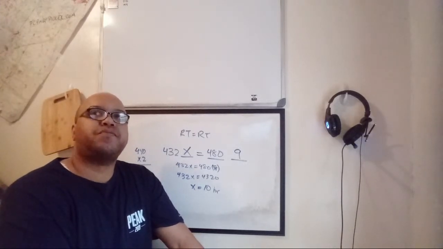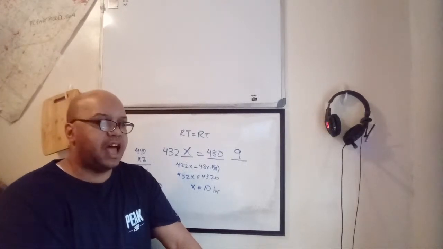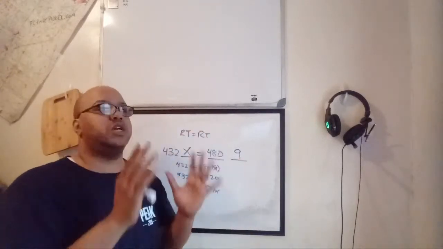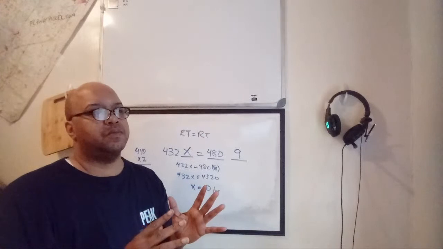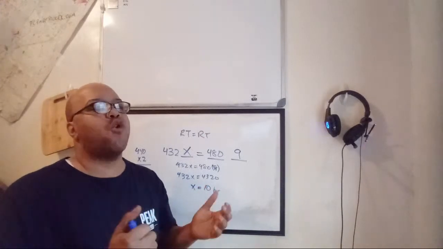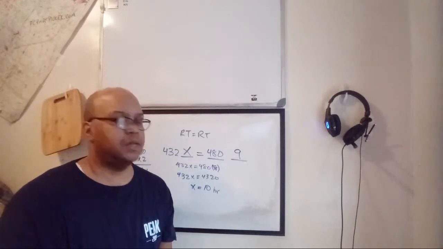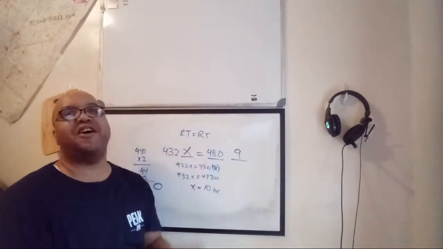The first sentence, actually, when they say a passenger plane made a trip to Las Vegas and back. Good. Now, once you identify, hey, this is a round trip question, what formula are you going to use? RT equals RT. Bang, there it is. Okay.